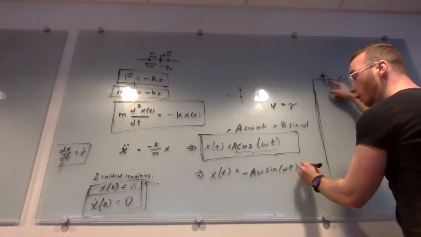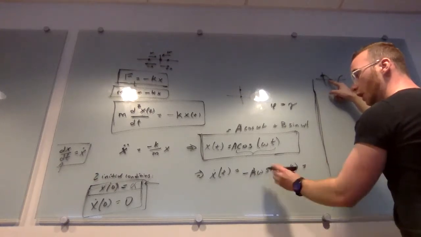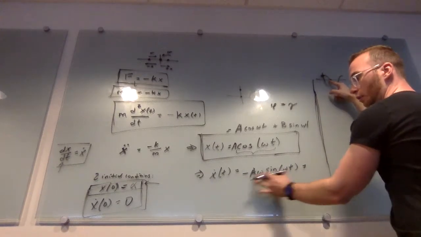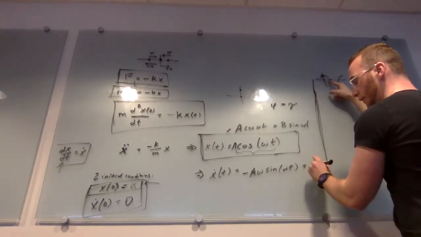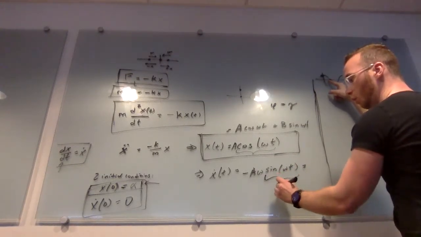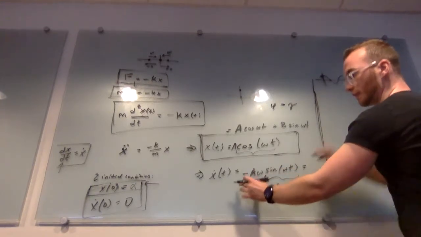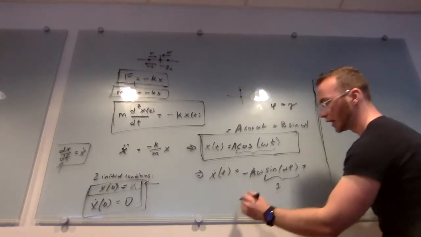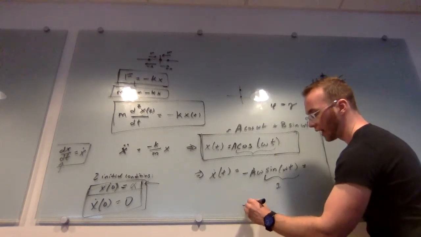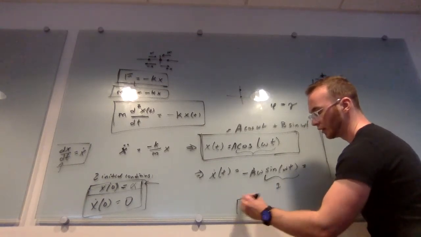The lowest value, this whole thing is in minus, so this would have to be 1, right? If this is 1, that would give us the smallest velocity, the most negative velocity, which would be minus a omega, right?